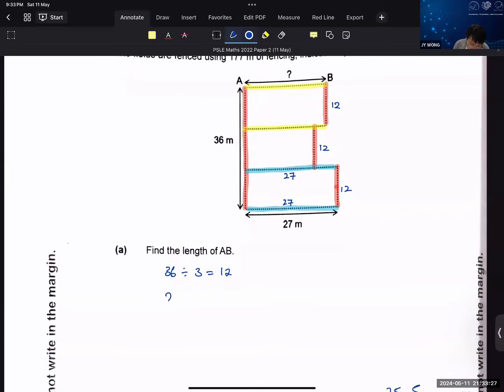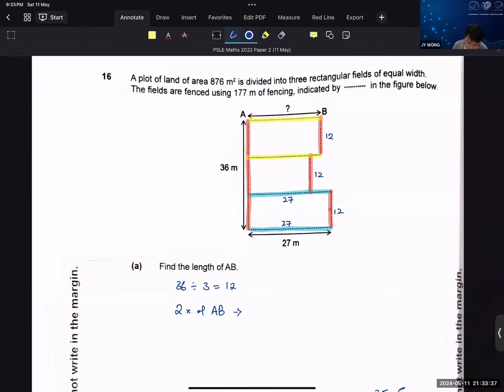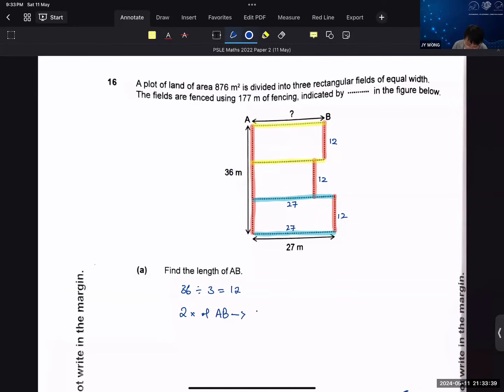Okay, so 2 times of AB, which is the 2 yellow parts, is equal to your total perimeter, which is 177. You minus away 36, you minus away the 36 again, and then you minus the 27, and then you minus the 27 again.